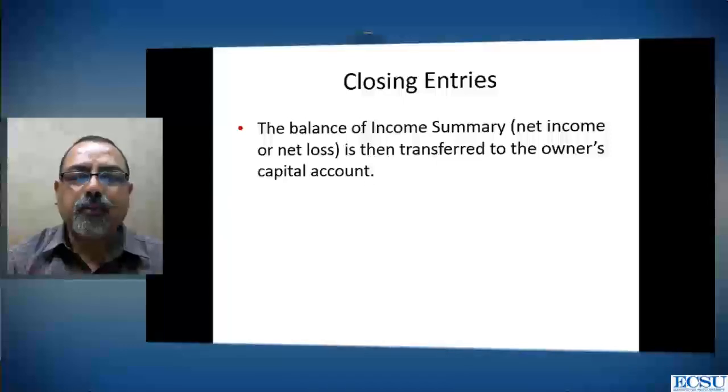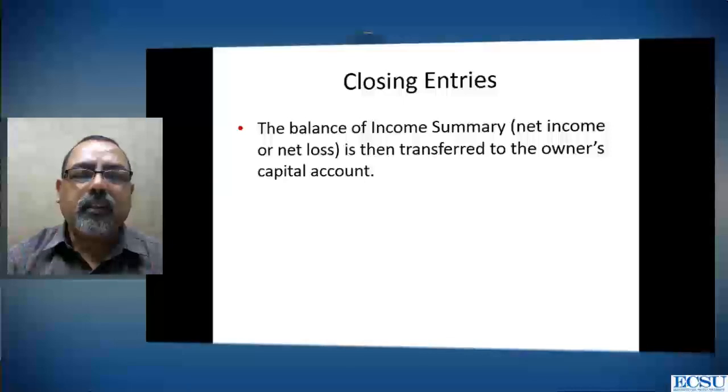So if you transfer revenues and also expenses to the income summary, it will show a net income or a net loss. It would be a net loss if the expenses are more, and it would be a net profit or net income if the revenue is more.